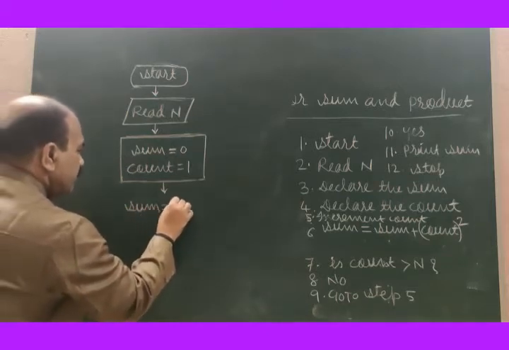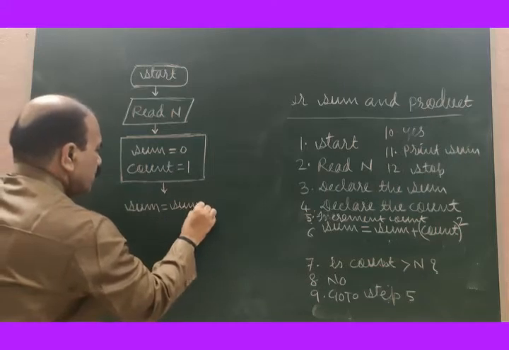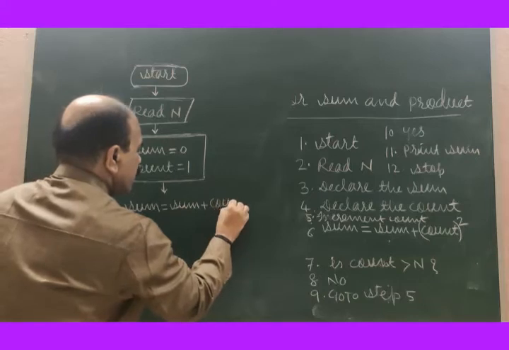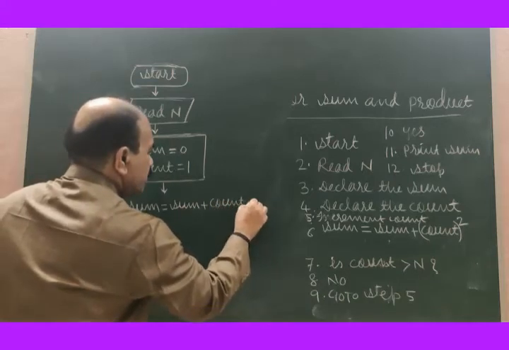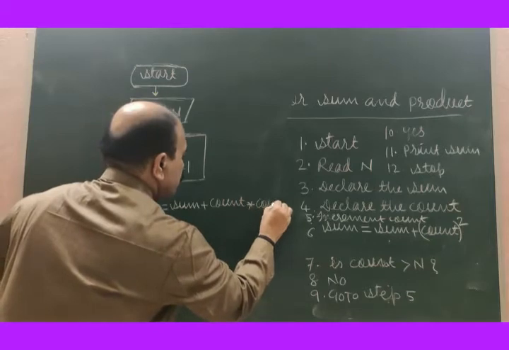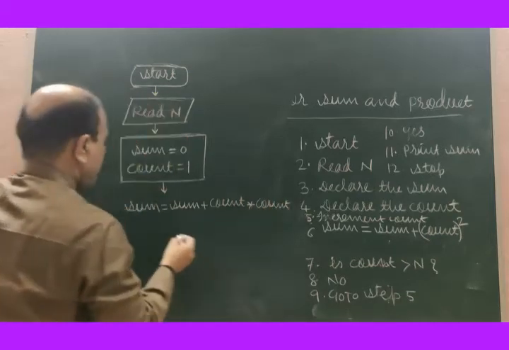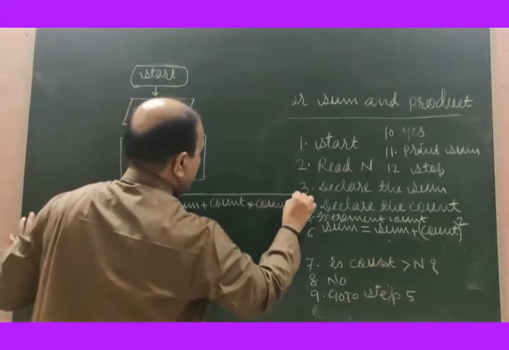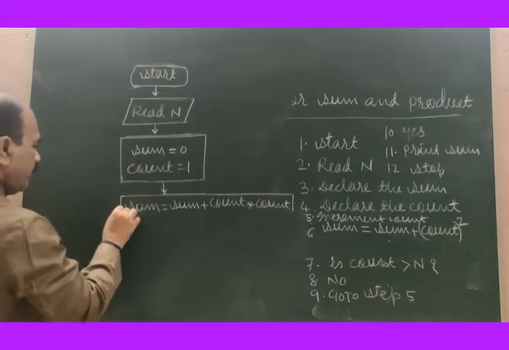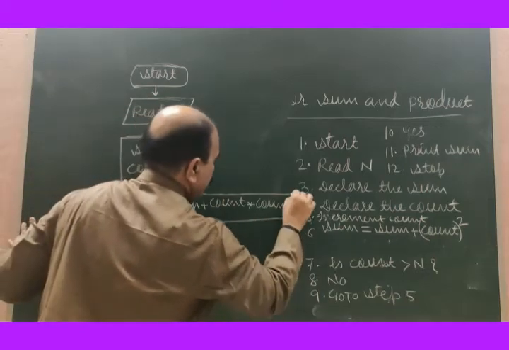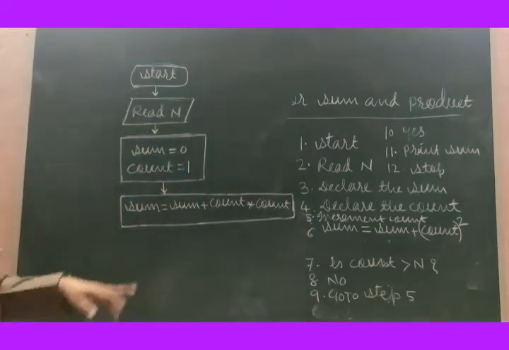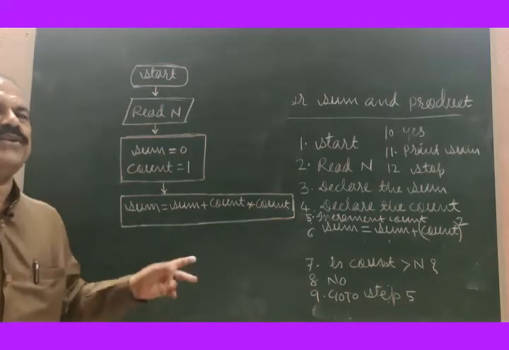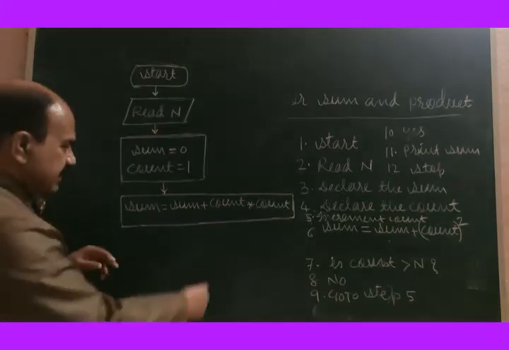Sum is equal to sum plus count into count. What is sum? 0. Count is 1. 1 into 1, 1 square, the first term.